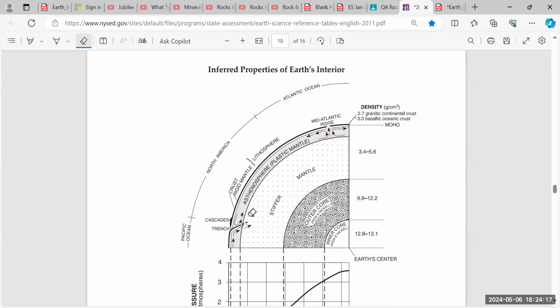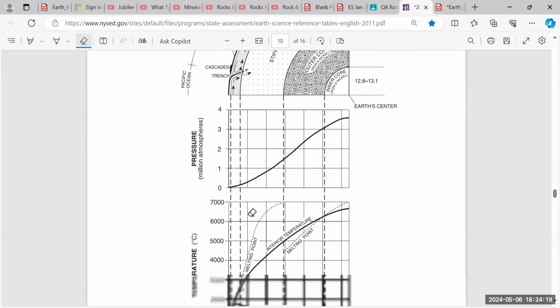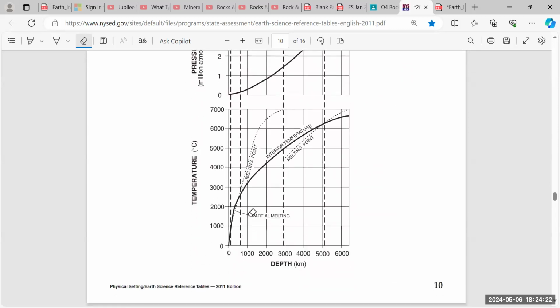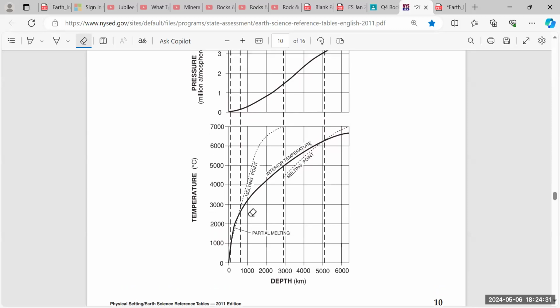All right. So we are at a depth. When we are at 3,000 kilometers inside the Earth's interior, we need to know the temperature and the pressure. So when I go to 3,000 and I follow, where does it reach my interior temperature? It reaches right at this point, and I see 5,000 degrees Celsius.